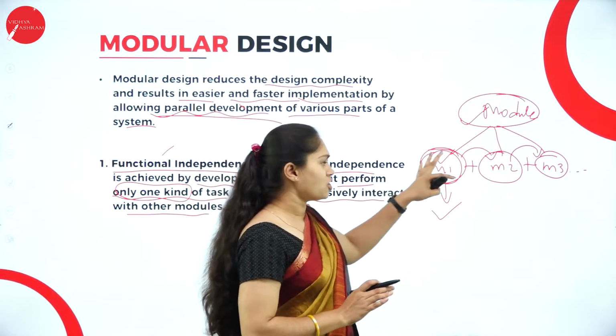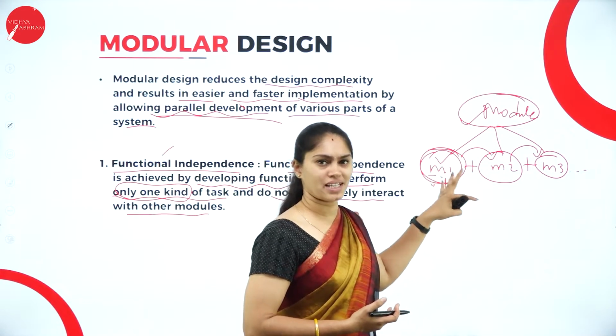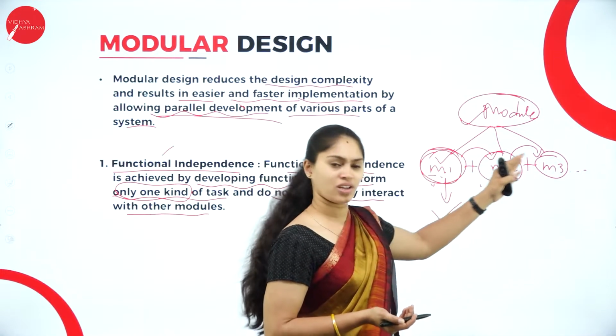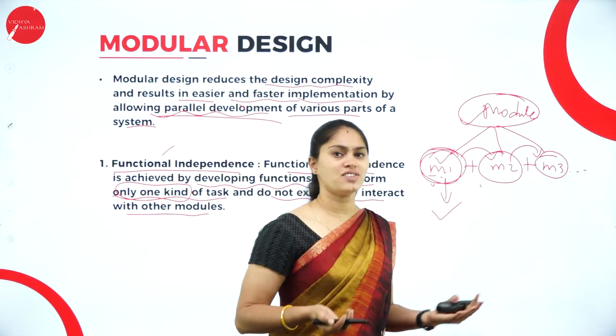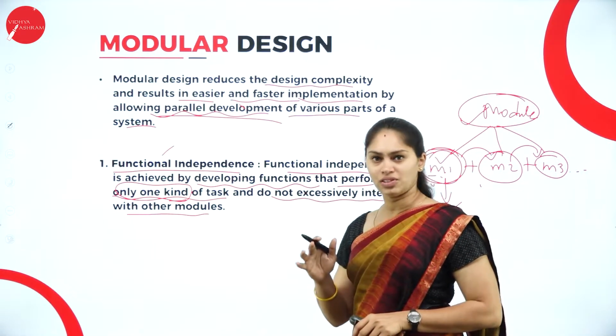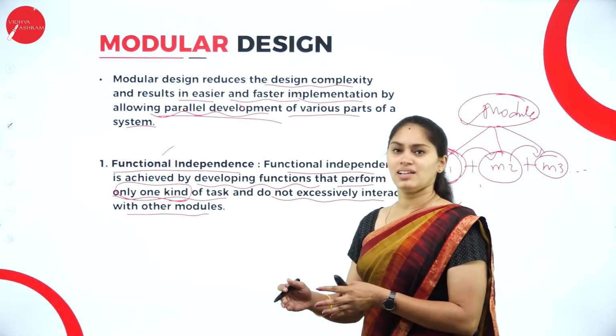M1 is prepared, or this modularity takes place, in order to have its own function. It won't bother what M2 is doing, what M3 is doing. Instead, it will just focus on performing only one kind of task. For that reason, we are making it modular, and it is going to be stored in the library.